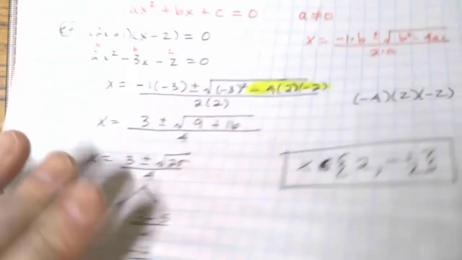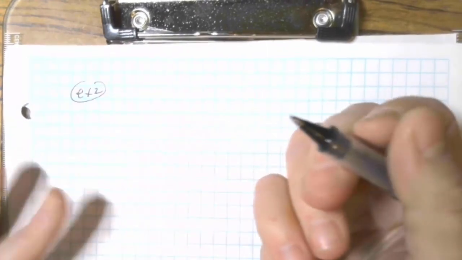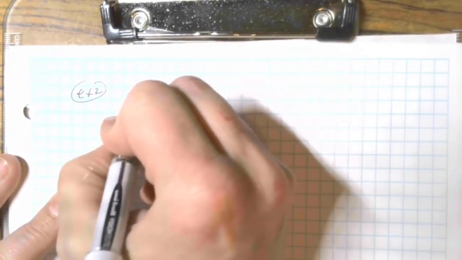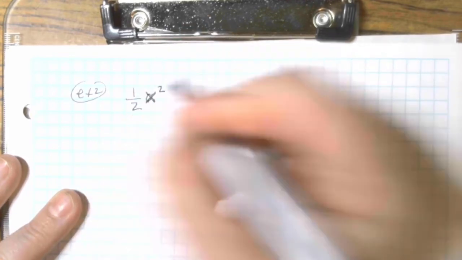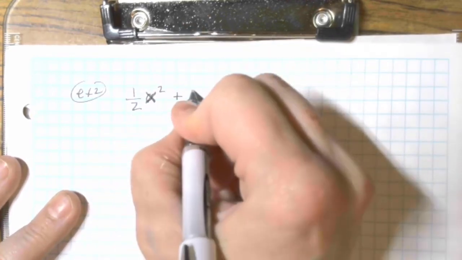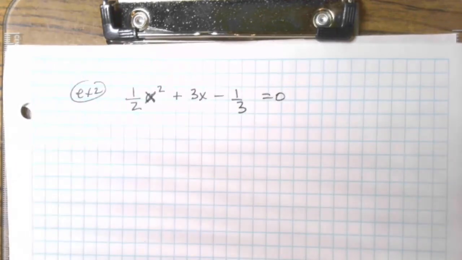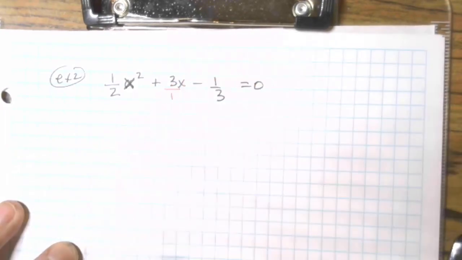The last thing I want to throw in, I mentioned it in passing, but I think I'm just going to start an example. Let's say that you're given an equation with just some really ugly numbers, like 1/2 x squared plus 3x minus 1/3 equals 0. That thing is going to be wicked awful to put into the quadratic formula. So what we're going to do is clear the fractions before we put it in the formula.